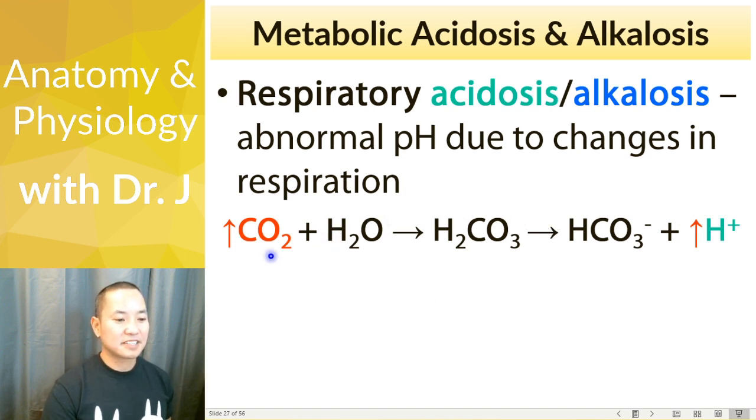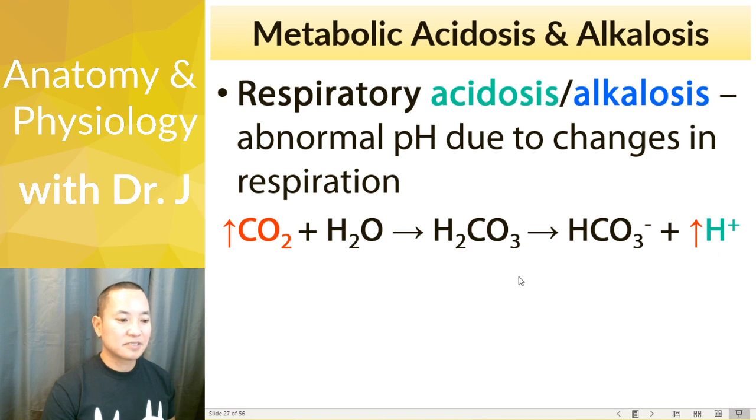So if you have increased carbon dioxide in your body, maybe due to underbreathing or holding your breath, all that's going to combine with water, with carbonic anhydrase, to form carbonic acid. So the more carbon dioxide dissolved in your blood, the increased carbon dioxide partial pressure causes increased synthesis and release of protons, therefore making it more acidic.